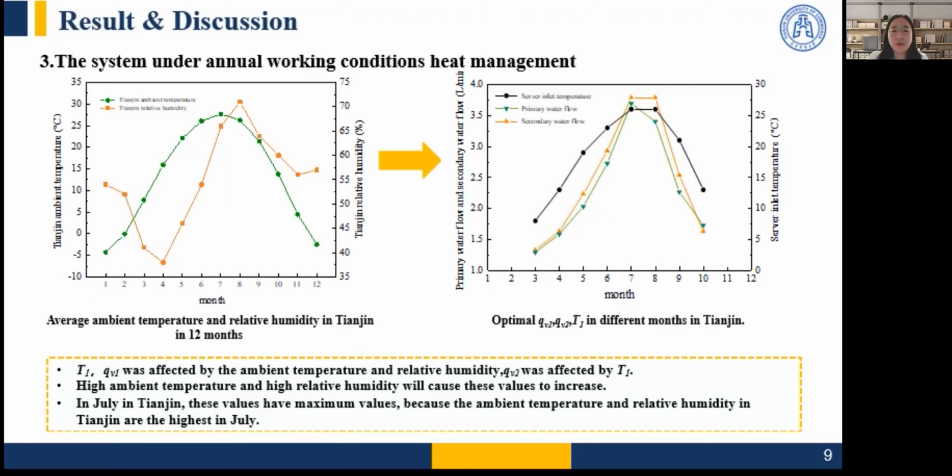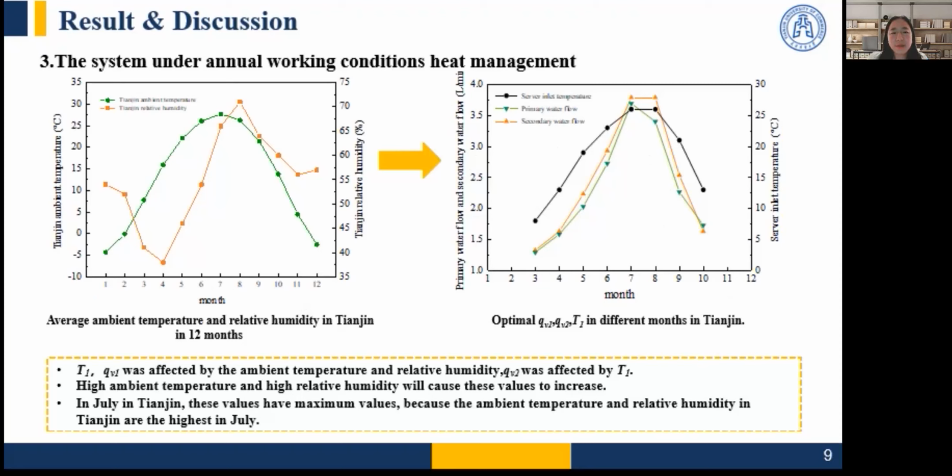The ambient temperature in January, February, and December was smaller than 5 centigrade, so we only considered March to October. In those months, QV1 was affected by the ambient temperature and the relative humidity, and QV2 was affected by T1.